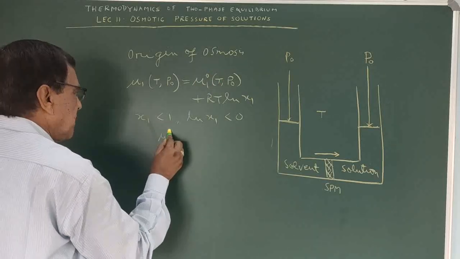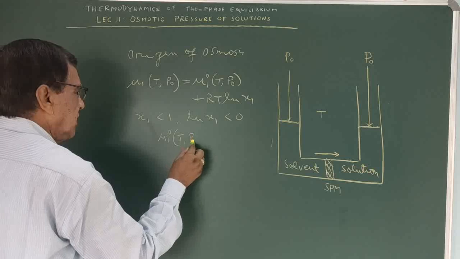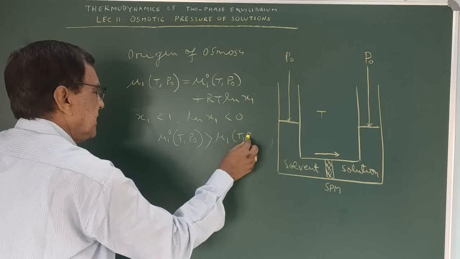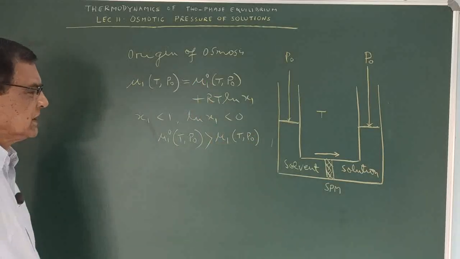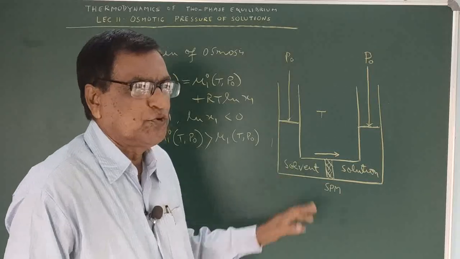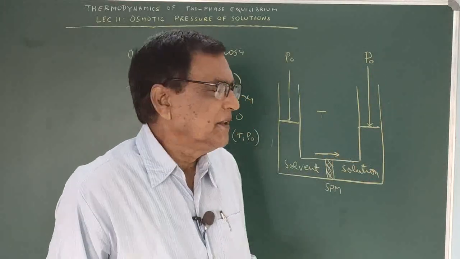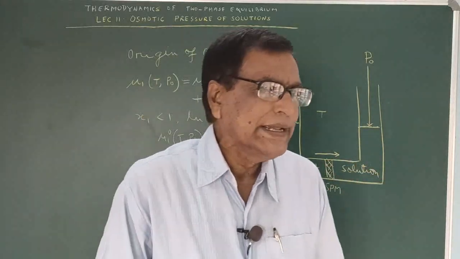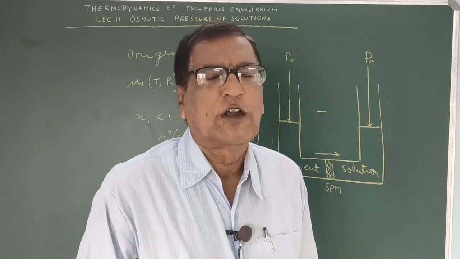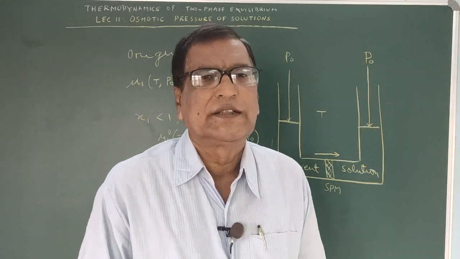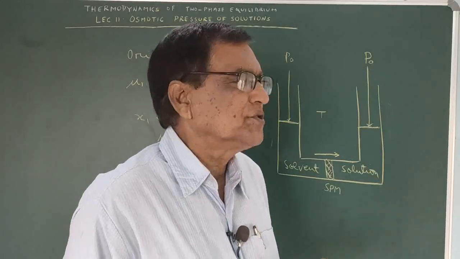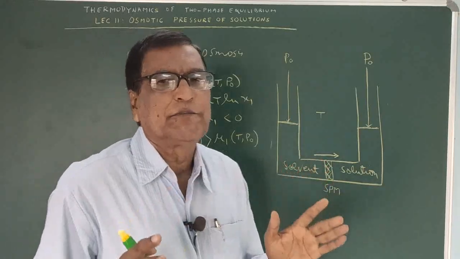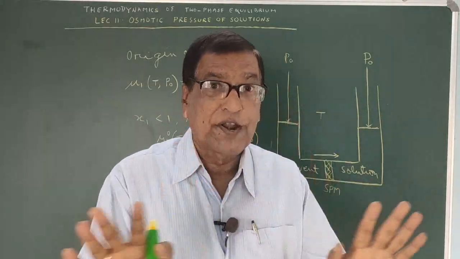It means mu1 naught at T and P naught is greater than mu1 at temperature T and pressure P naught. It means the chemical potential of the pure solvent is greater than the chemical potential of the solvent in solution. This solution is made up of non-volatile, non-electrolyte solutes, and whenever the solute is added, the chemical potential of the solvent is lowered.